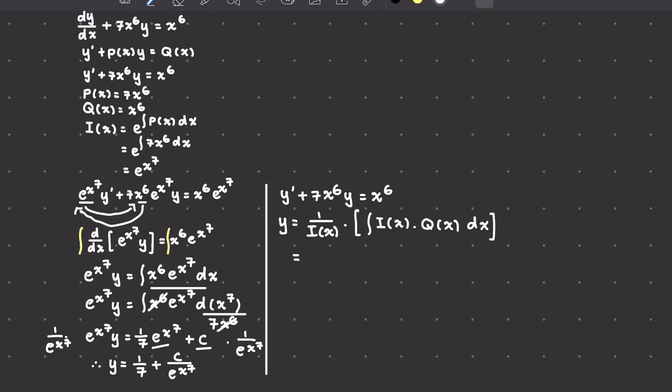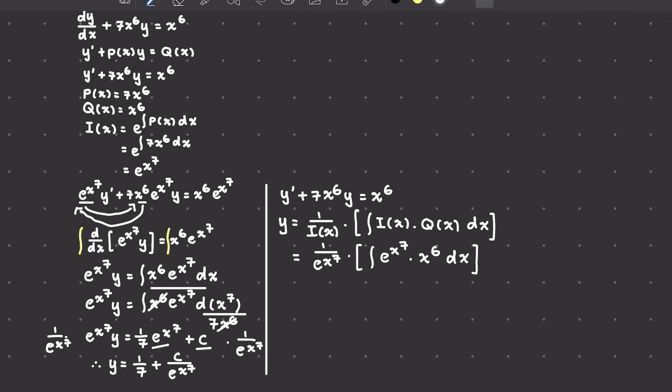Let's just plug in the numbers that we've got before. 1 over the integrating factor, which is e to the power of x to the power of 7, multiplied with the integration of the integrating factor, which is e to the power of x to the power of 7 times Q(x), and Q(x) is x to the power of 6 dx.